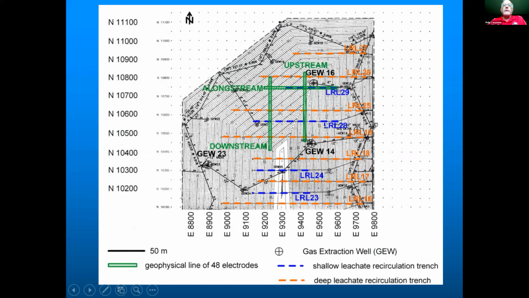LRL are the leachate recirculation lines. There's gas extraction wells here, here, and here. And then these are the resistivity lines that we did. Actually, I didn't do them. They were done by another researcher.